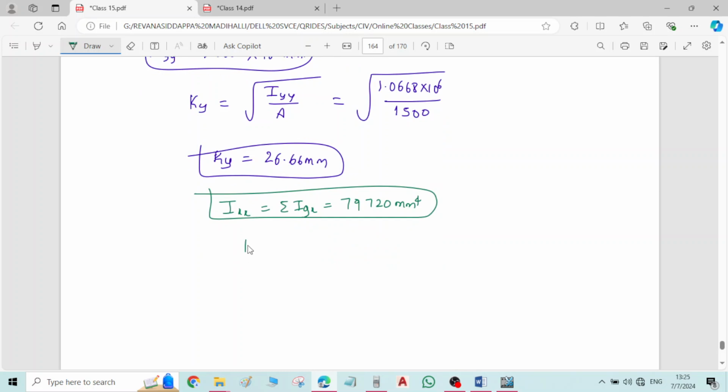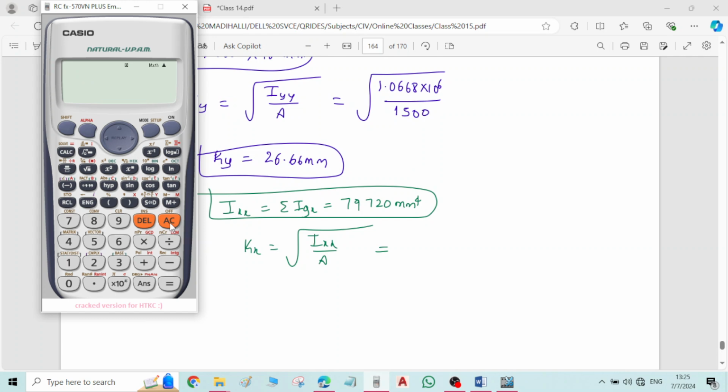If you want to find radius of gyration about X, it will be root of IXX divided by A. It will be root of 79,720 divided by 1500, which is 7.29 millimeter.